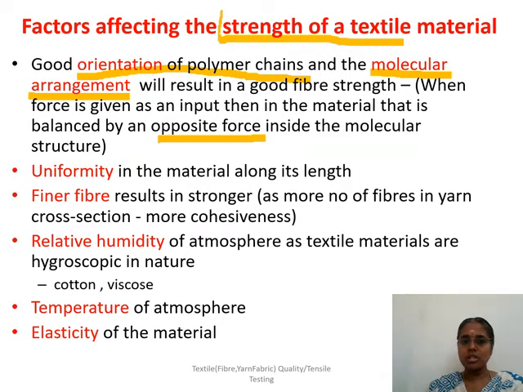So this molecular structure, the orientation, the length of polymer chains, and n number of factors affect the strength of the textile material. This is the first base.